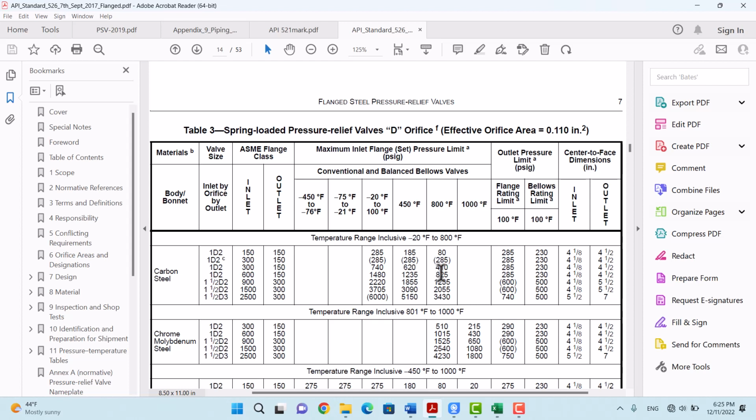And right now I have to convert the set pressure from bar gauge to psi.